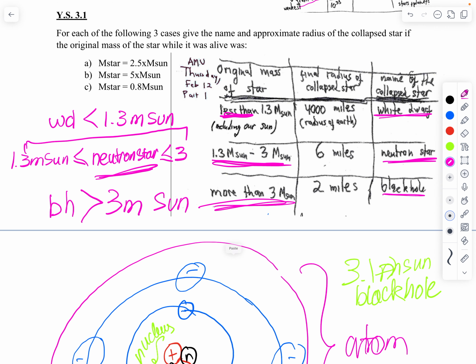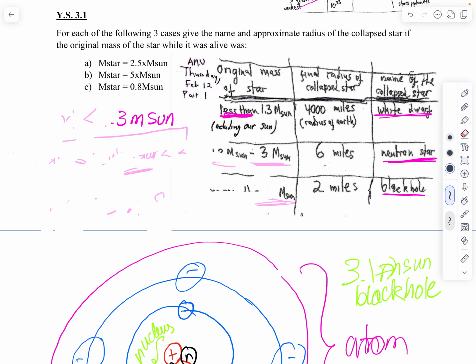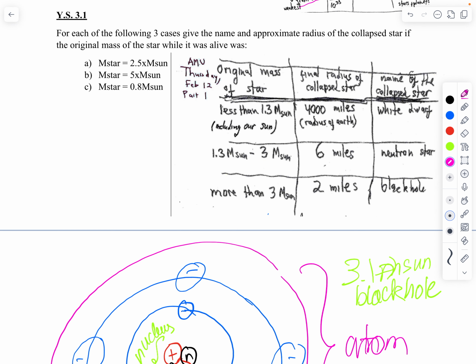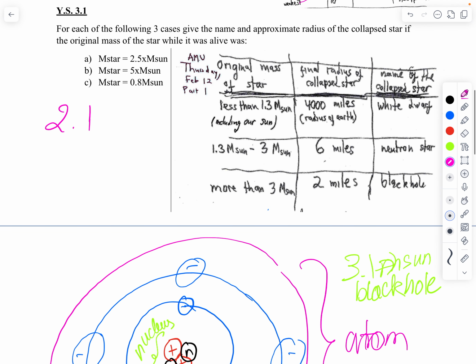So let's go over some problems on this. This is just general knowledge that you gotta remember. There's really no math to this part. Let's say it's 2.1 mass of the sun, what would it be? According to this, it falls in between, so it would be a neutron star. And then what if it's 4.6?